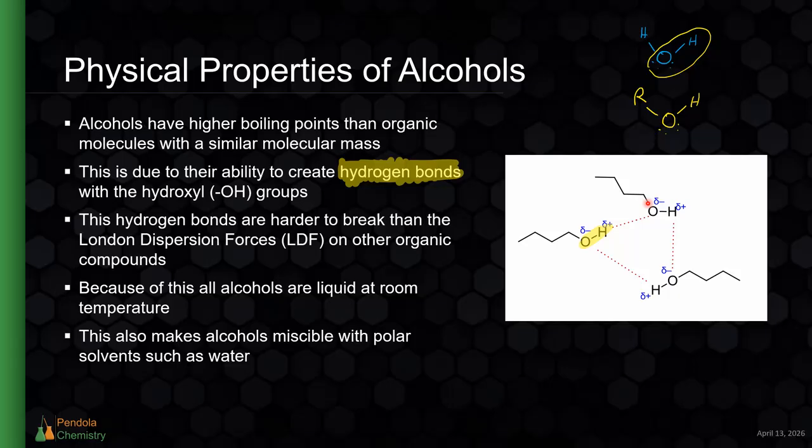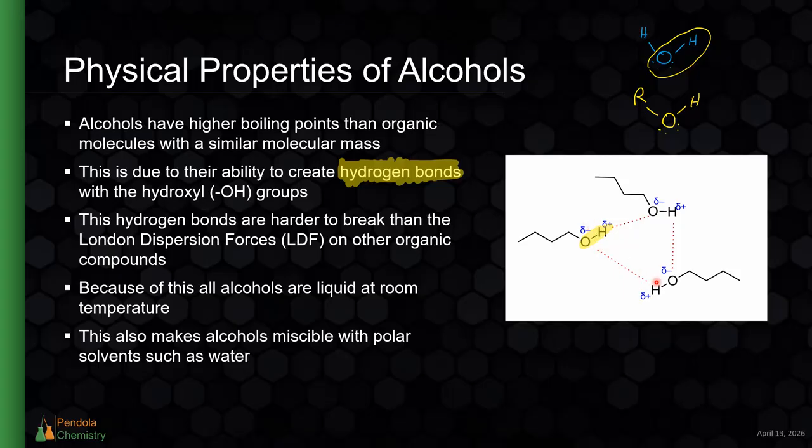The hydrogen bonds created between alcohol molecules are created between the oxygens of one alcohol and the hydrogens of another. That attraction between the partial negative oxygen and the partial positive hydrogen is what makes the boiling point of alcohols so strong. The hydrogen bonds are going to be harder to break than the London dispersion forces that most nonpolar organic compounds have.